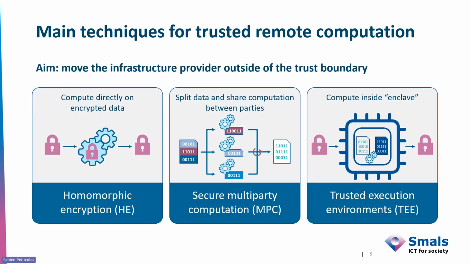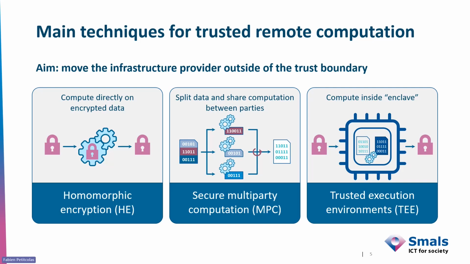So there are three important techniques for confidential computing, and the aim is to try to move the infrastructure provider outside of the trust boundary. So one technique is called homomorphic encryption, and it's about, in fact, doing the processing on encrypted data itself. The second one is called secure multi-party computation.